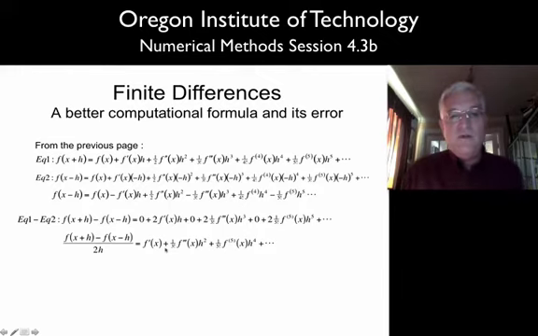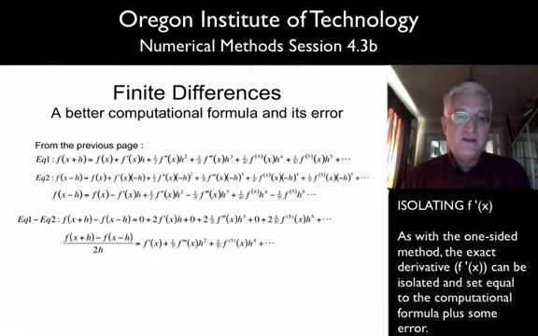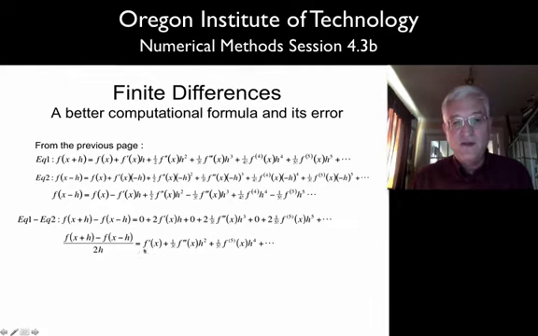And I am now able to do the same thing I did with my one-sided differentiation formula, and that is to try to isolate f prime. So I've already now got f prime sitting by itself. I've got it set equal to a different computational formula than I had before, with a polynomial whose smallest power of h is h squared.